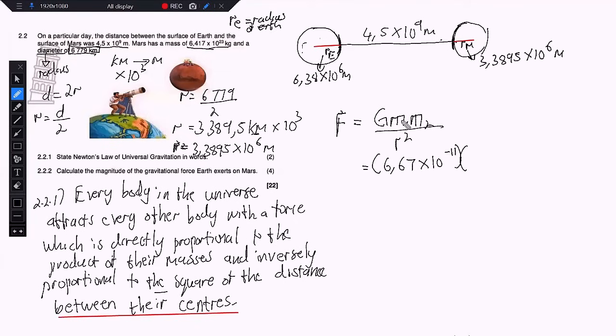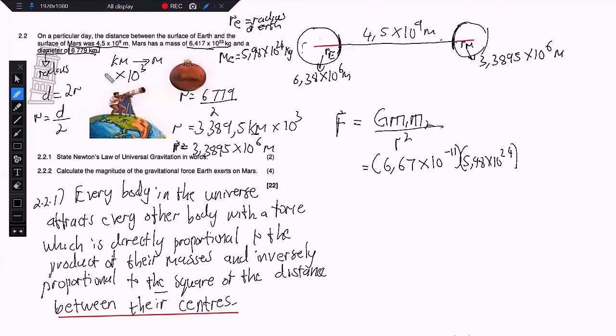Now, what is the mass of the Earth? Let's start with the Earth. So again, this is another constant. Mass of the Earth is given as 5.98 times 10 to the exponent of 24 kg on your data sheet as well. So 5.98 times 10 to the exponent of 24.